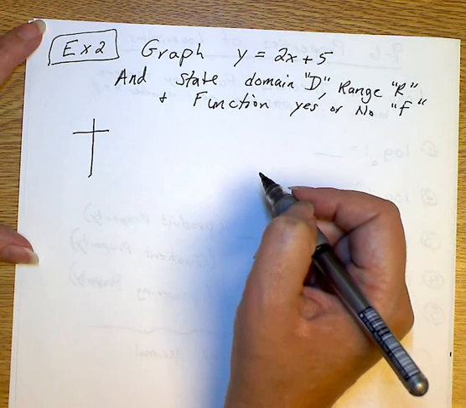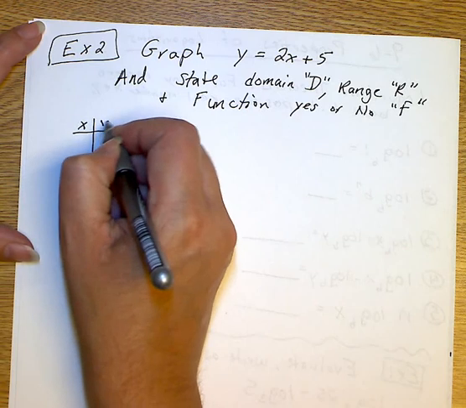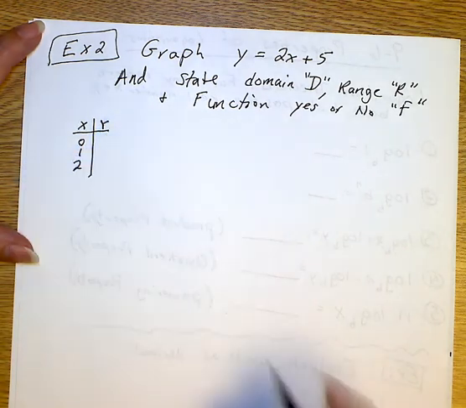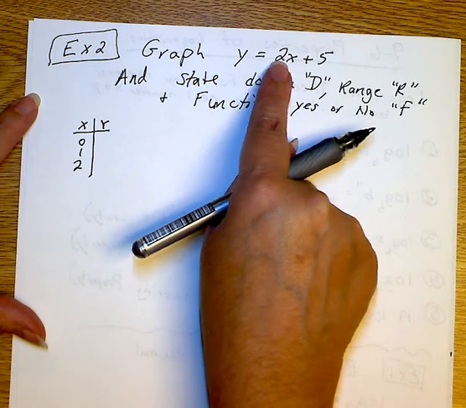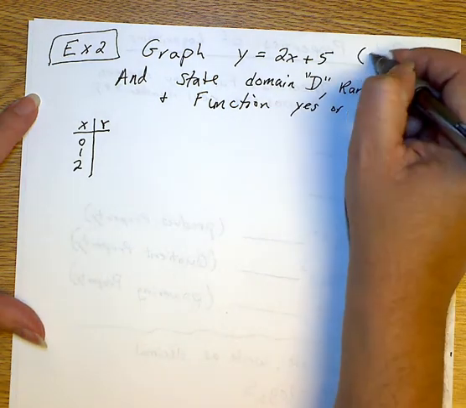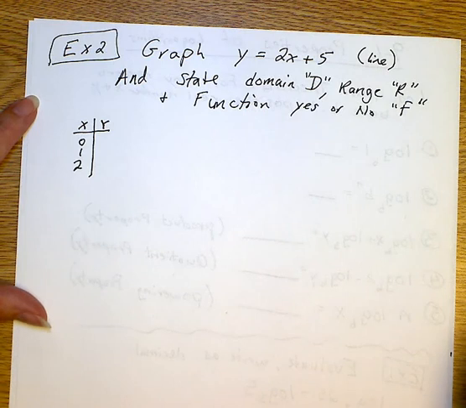I'm just going to choose 0, 1, and 2. But it doesn't matter which numbers you pick. All you need is 3 points to have a line. So if you can remember that y equals 2x plus 5 is a line, you need 3 points. How do you find those points? What do I have to do for those?